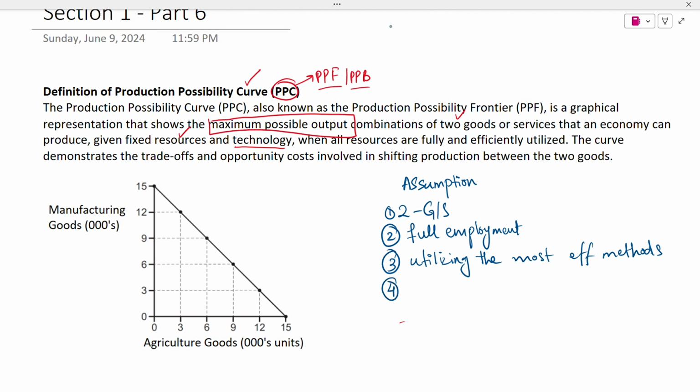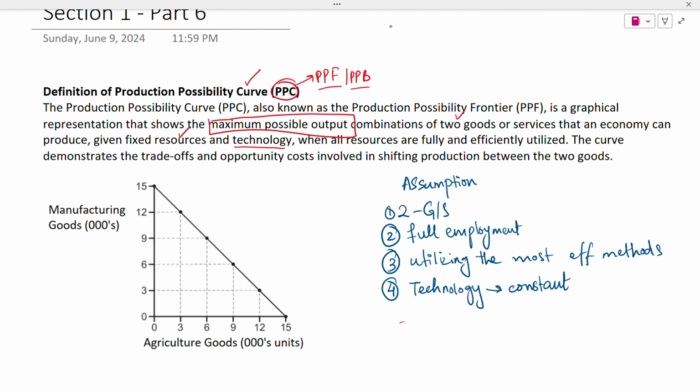The fourth assumption is that the technology right now is constant, that the technology is not changing, because if the technology is changing, then the PPC would shift either outside or inside depending on the type of change. So in order to make it simple, for our own sake, economists usually make certain assumptions, and this is one of them. They hold some factors constant.